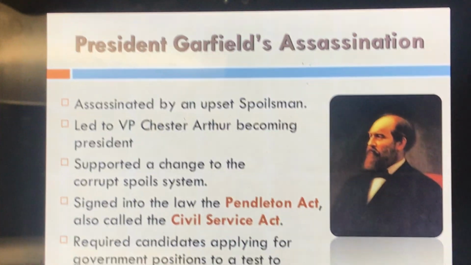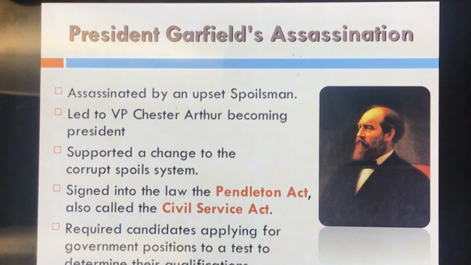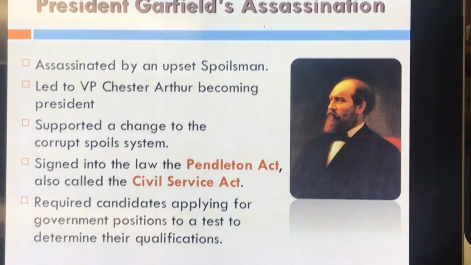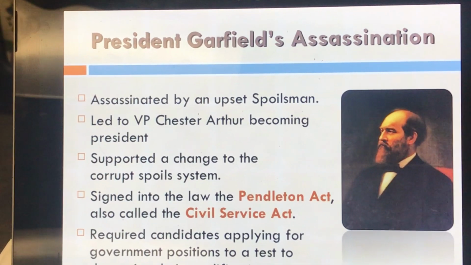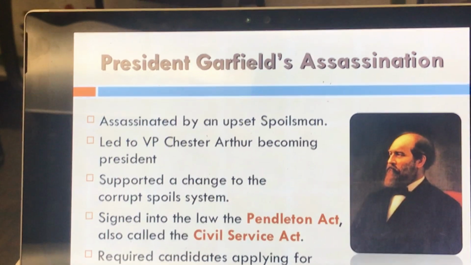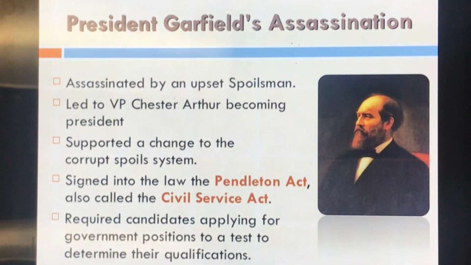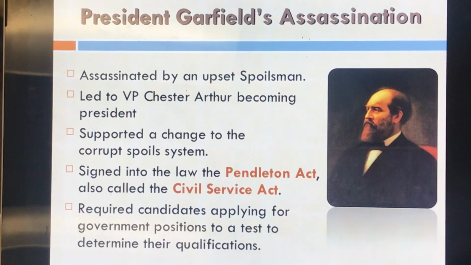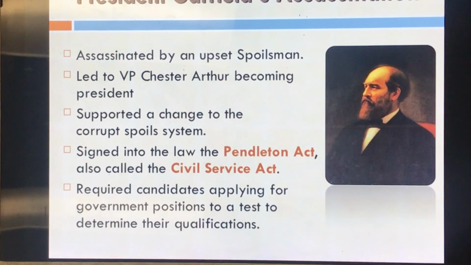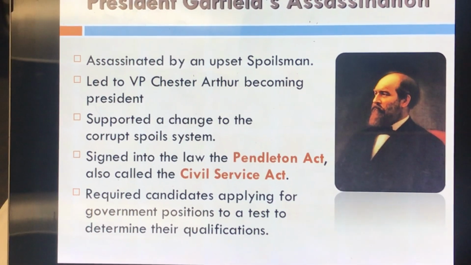So President Garfield was elected president. Unfortunately, he was assassinated. He was assassinated by an upset spoilsman, someone that felt they should have gotten a position under the spoils system and didn't. So Chester Arthur, the vice president, becomes the president. Chester Arthur supports a change in the spoils system.